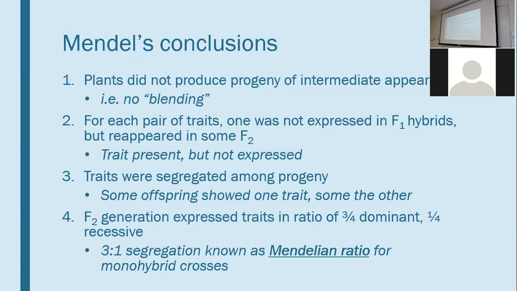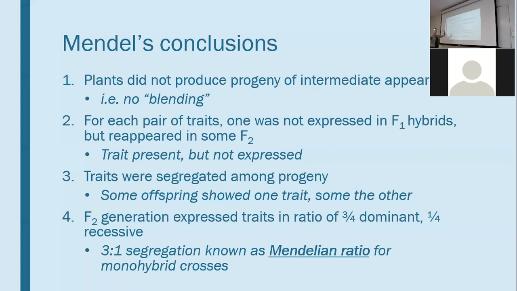All right, now he also determined that for every pair of traits that he was looking at, green or yellow seeds, purple or white flowers, whatever, one was not expressed in his F1 hybrids. So if he crossed purple flowers with white flowers, his parent strains, in that F1 generation, those first offspring, one of those traits didn't show up, white flowers.